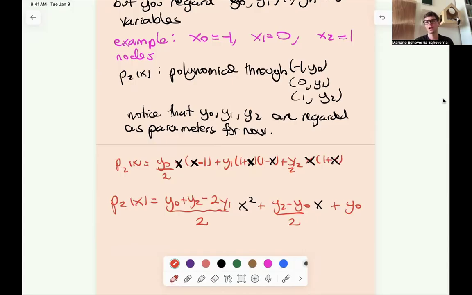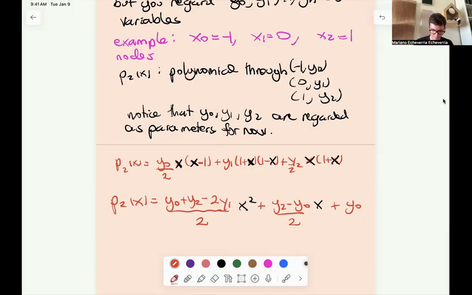And then step two, as before: if you're interested in the derivative of this polynomial, you find the derivative. Now, what I want to do is evaluate the derivative at the nodes. So I will evaluate the derivative of the polynomial at -1, 0, and 1.